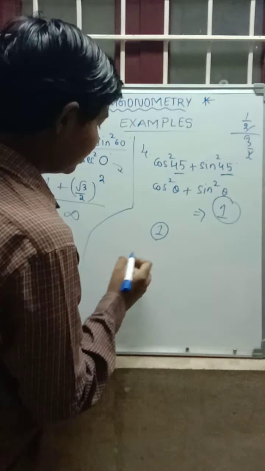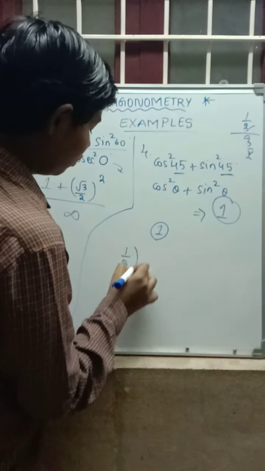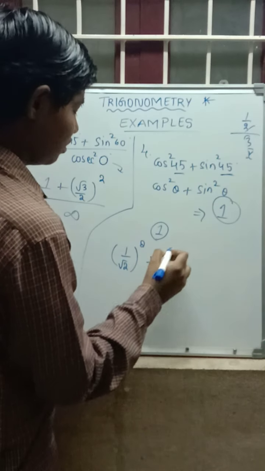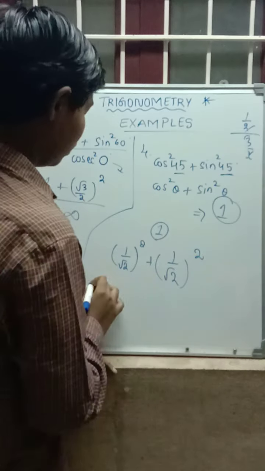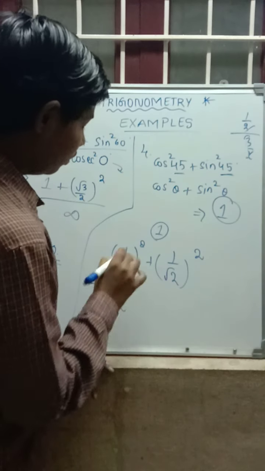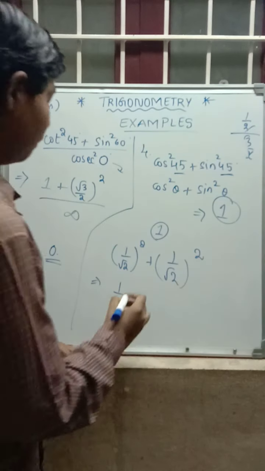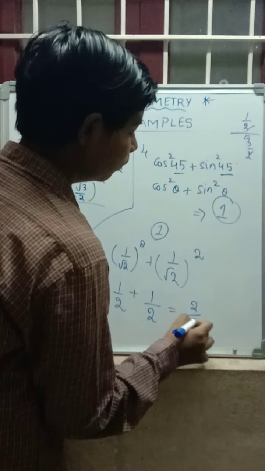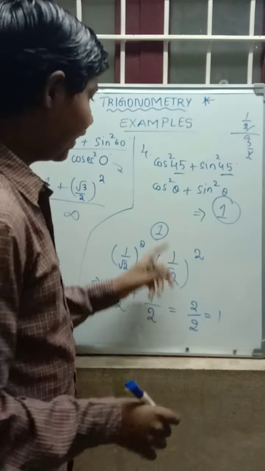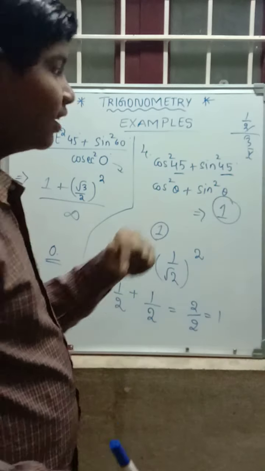Cos square 45: 1 by root 2 whole square plus 1 by root 2 whole square. 1 square is 1 by root 2 square, root 2 square is 2, plus again 1 by 2. It is 2 by 2, 1. See, direct formula cos square theta plus sin square theta, theta value is same here.